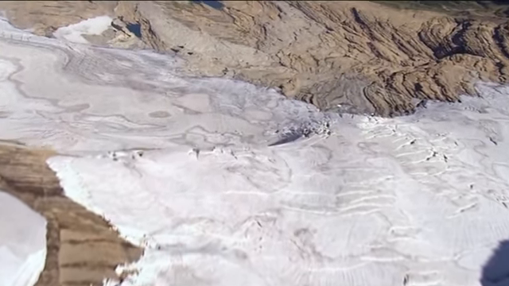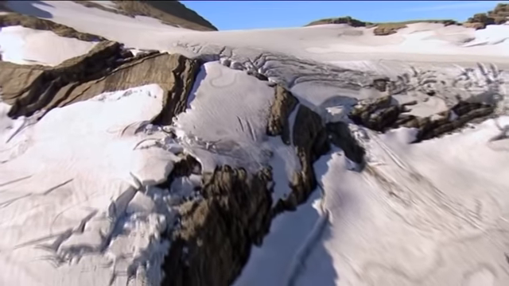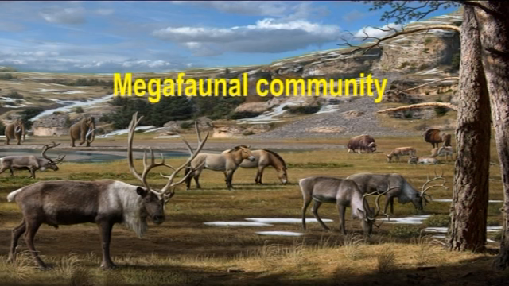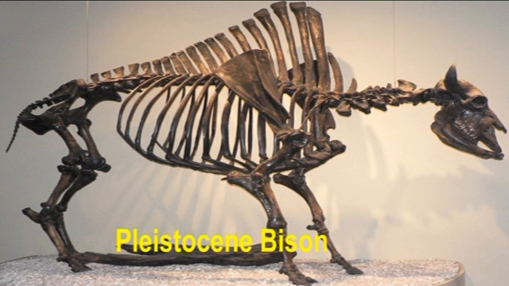Critics object that since there were multiple glacial advances and withdrawals in the evolutionary history of many of the megafauna, it is rather implausible that only after the last glacial would there be such extinctions. However, this criticism is rejected by a recent study indicating that terminal Pleistocene megafaunal community composition may have differed markedly from faunas present during earlier interglacials, particularly with respect to the great abundance and geographic extent of Pleistocene bison at the end of the epoch.